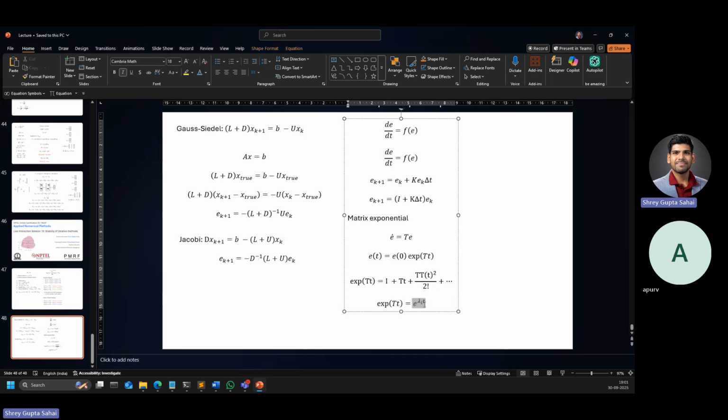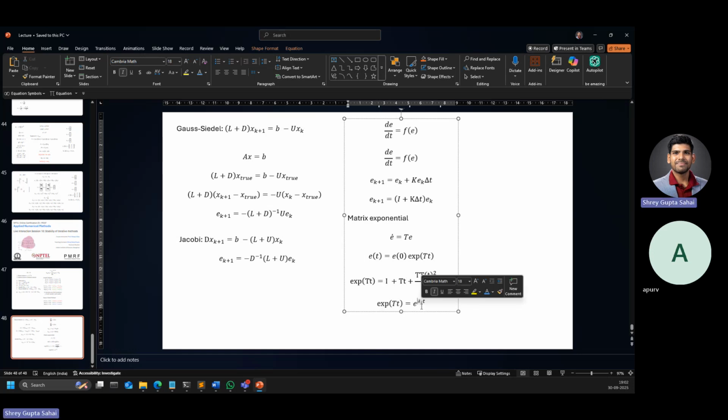So in this case, the stability can be written as: the eigenvalue of the matrix exponential is less than 1, because that would imply that lambda is negative.